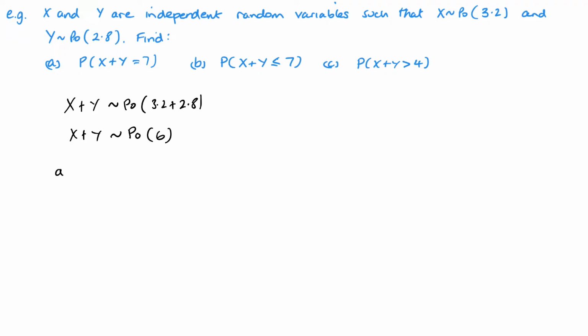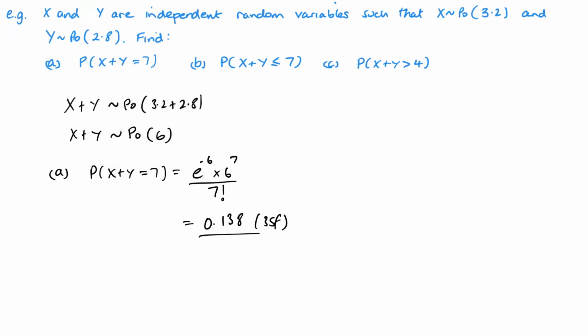That makes this a very easy question. So the probability that X plus Y equals 7: we're just looking at Poisson of 6, so e to the minus 6 times 6 to the power 7 over 7 factorial. And this is 0.138 to 3 significant figures.